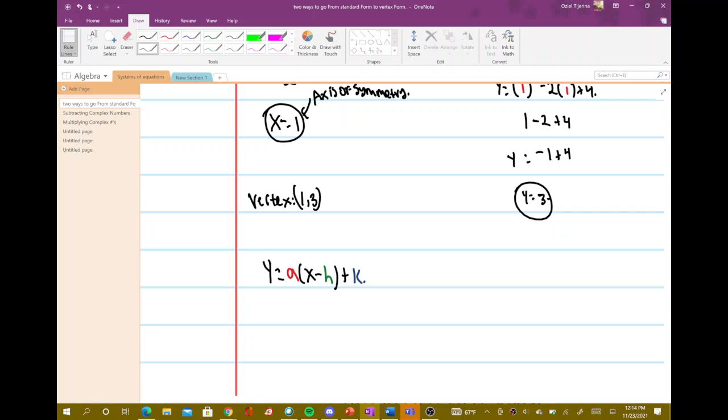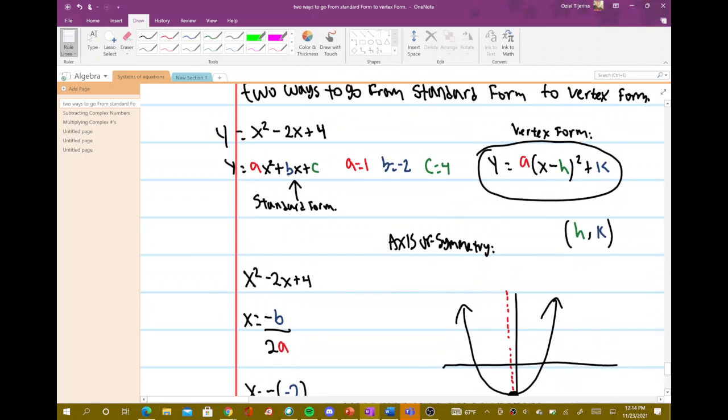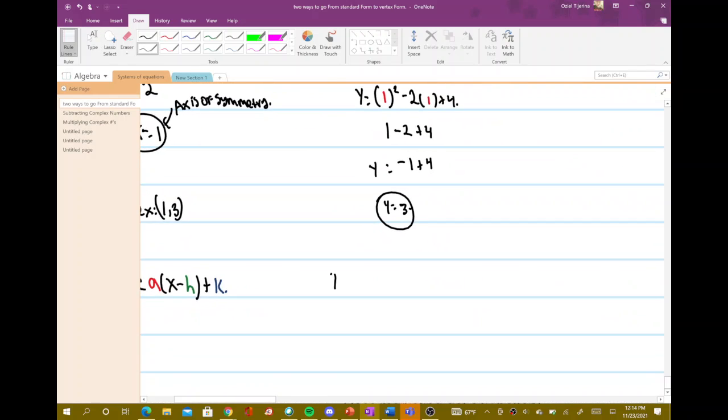And we also know that a in this case, because y equals x squared minus 2x plus 4 is like y equals 1x squared minus 2x plus 4, means a equals 1.